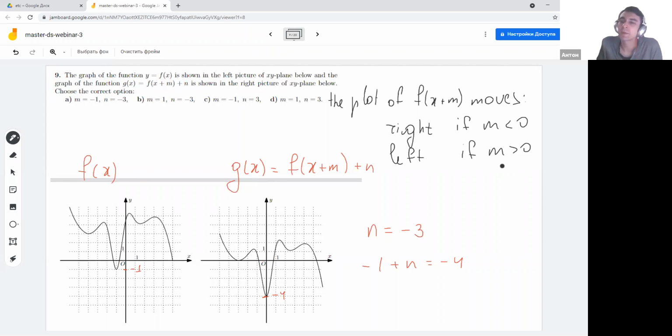This is maybe a little bit counterintuitive, but think of the plot of the function as a representation of a process. Suppose this point was here when x was equal to 0, and at some point where x was equal to k, the plot was here.